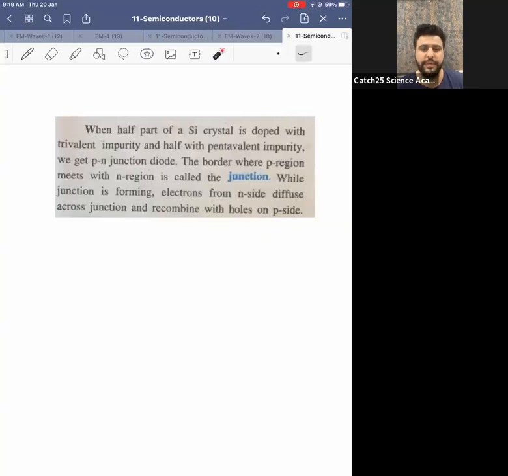Written, the potential developed near the junction is called barrier potential. Full stop.